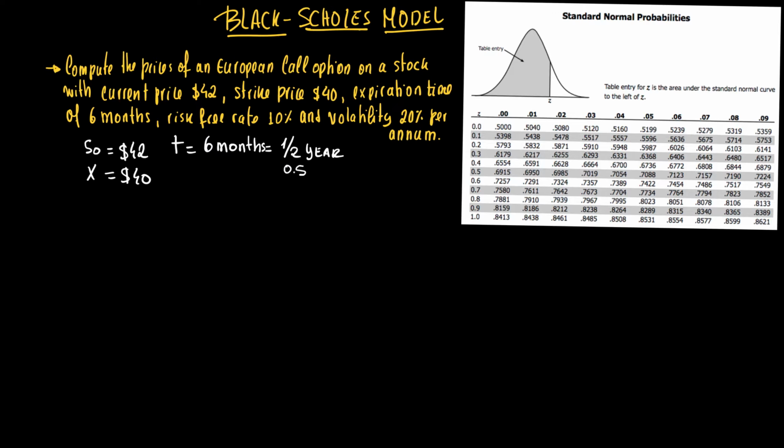The risk-free rate is 10%. And the volatility, let's call it sigma, equals 20% per year. So given these data, the exercise is asking us to find the price of a European call option using Black-Scholes.